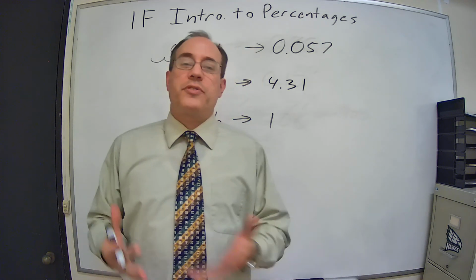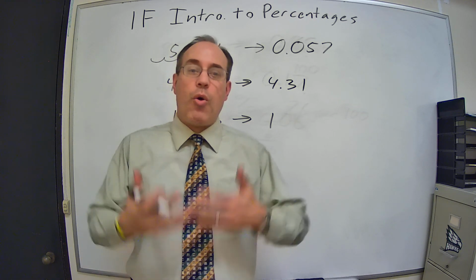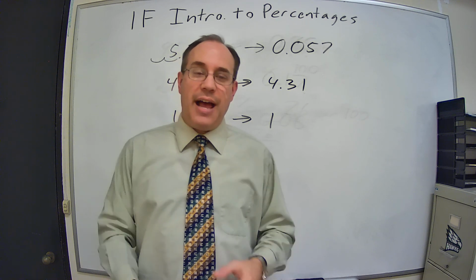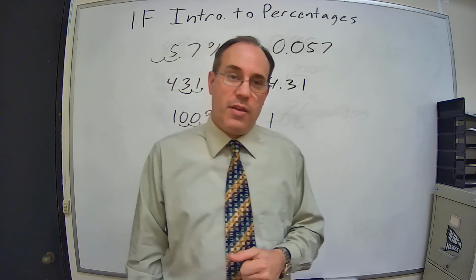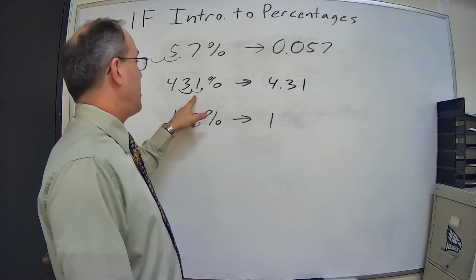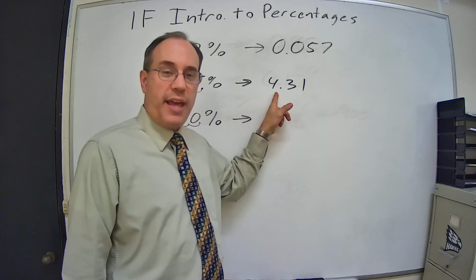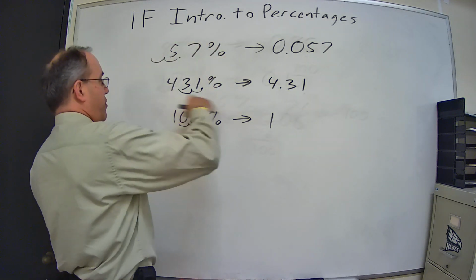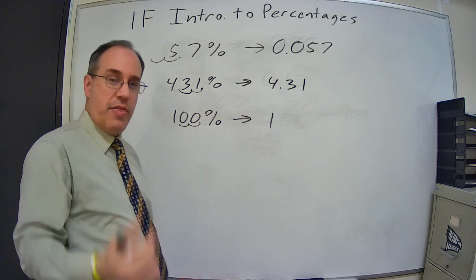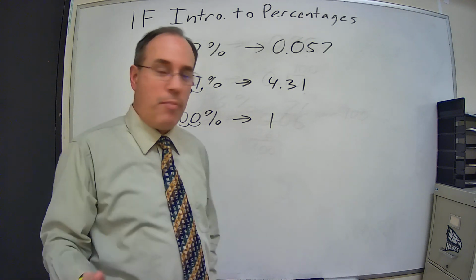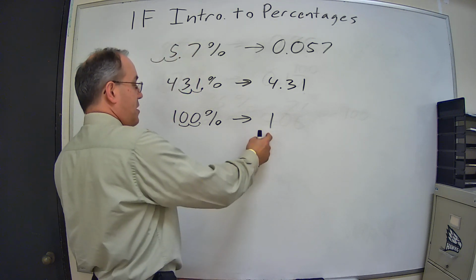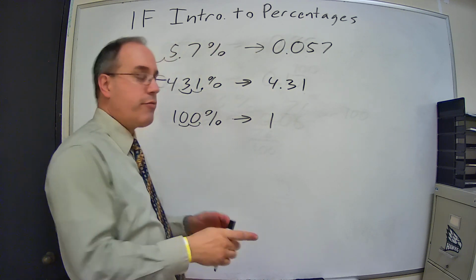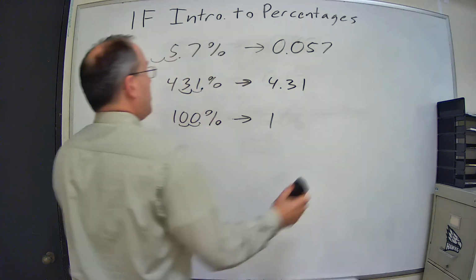If you have 100% of something, you have all of it. You have the whole thing. If I eat 100% of a cake, that means I ate one whole cake. If I ate 431% of a cake, that would mean I ate 4 cakes plus some more of it. So we can have larger portions than 100. If we have the whole amount, we have 1. If we have multiples of that, then we have higher than 1. So that's converting from percentages to decimals.